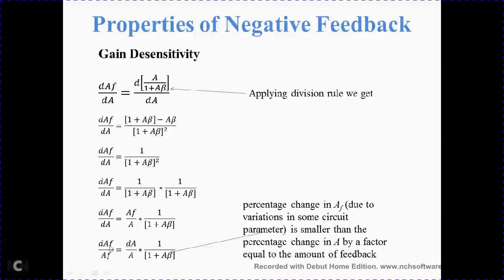This says that any change in output gain with feedback is reduced by a factor of 1 plus A beta compared to the change in open loop gain A. So the percentage change in AF, due to variation in some circuit parameter, is smaller than the percentage change in A by a factor equal to the amount of feedback.